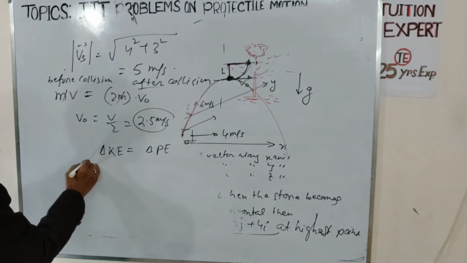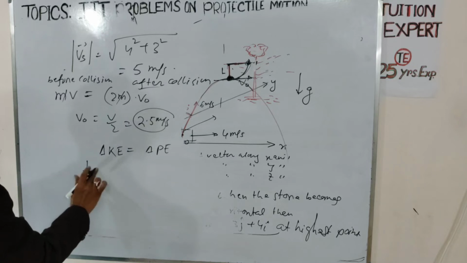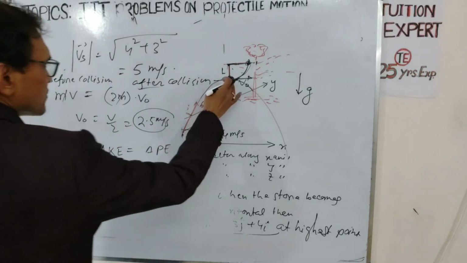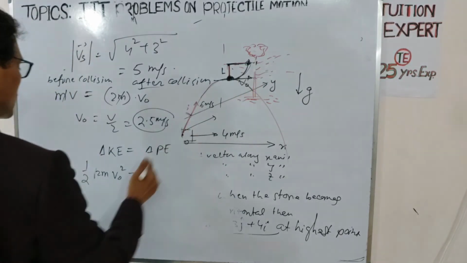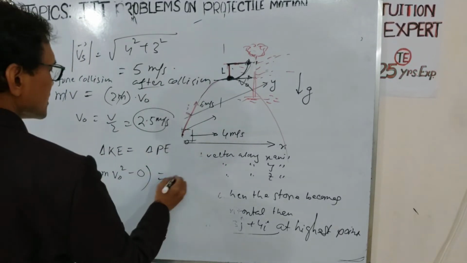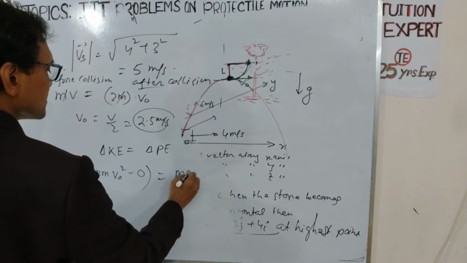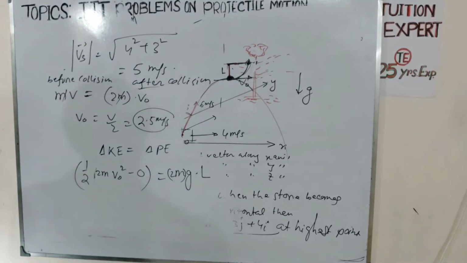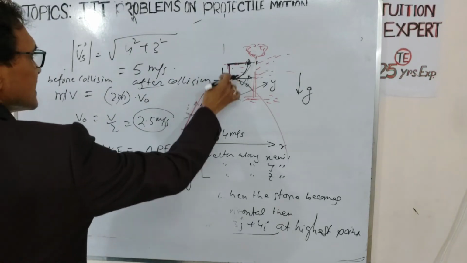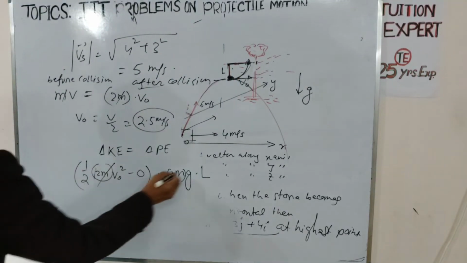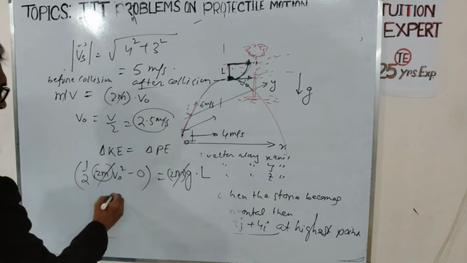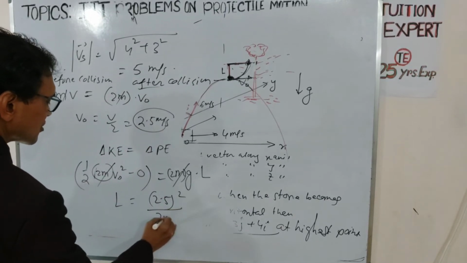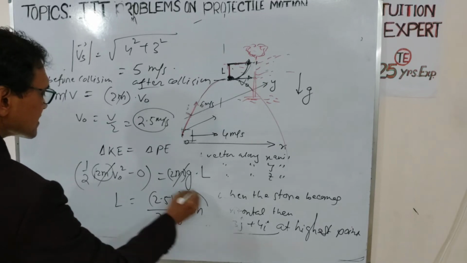The kinetic energy change is half 2m v0 square minus 0, because here kinetic energy is maximum and there it is 0. The potential energy change becomes 2m into g into L, because the height gained is L. So this cancels, and with v0 known, L becomes the length of the string. This is the answer.